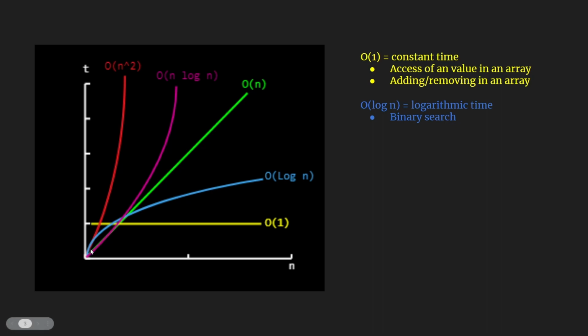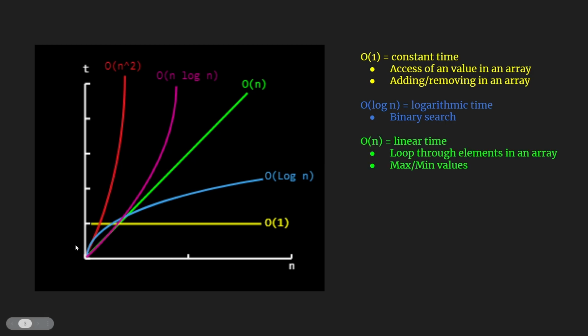And if you take a look at the graph, you can see as data increases, it takes less and less time. This means that any algorithm that uses O log n gets more efficient as data increases. But if we're only working with smaller data sets, it's not that efficient.